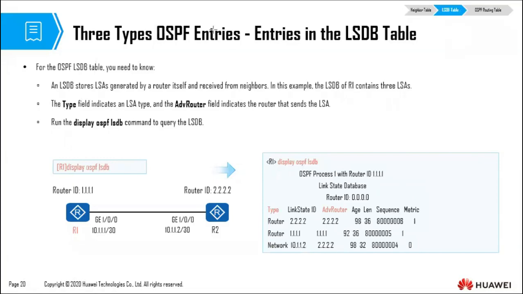Okay, then the next table is the LSDB table. We know LSDB is used to store the LSAs. So, for example, in this example, the LSDB of R1 will contain how many LSAs? 3 LSAs. Remember, we also save our own LSAs, not just the other ones. So we are going to look at the type field, which is used to indicate the LSA type, and there are several LSA types.